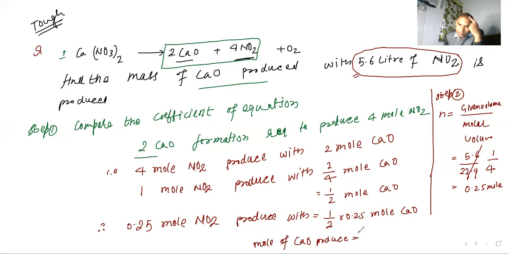So we can divide it: 0.25 divided by 2 gives 0.125 mole CaO. Although it is tough, let me try. So 0.125 mole CaO.